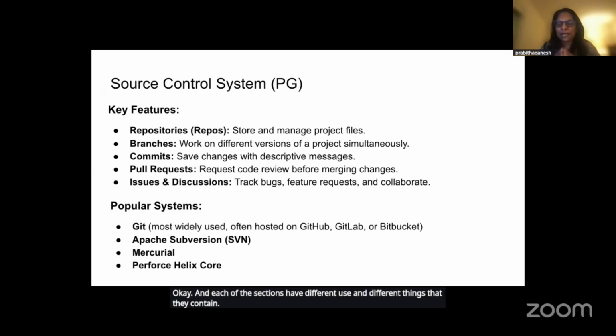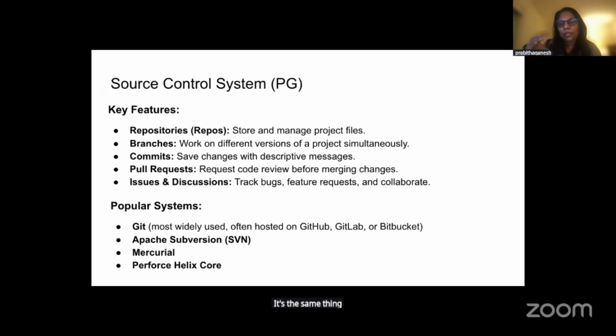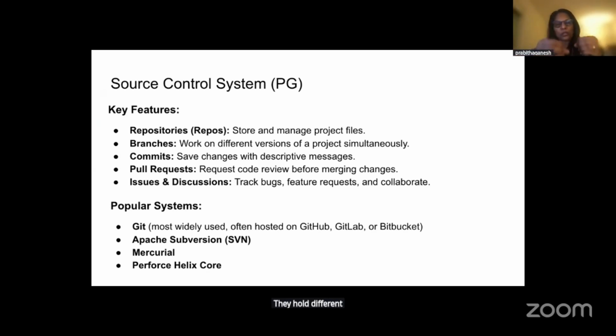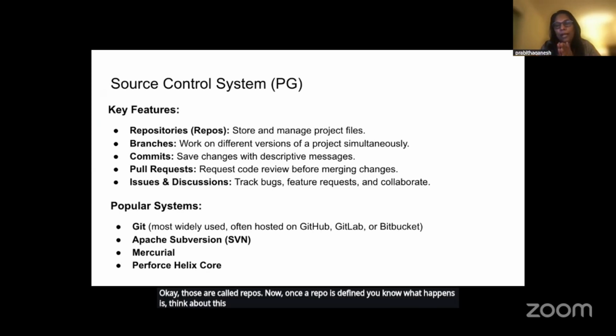You have a big backpack, but it has multiple sections, and each of the sections has different use and different things that they contain. It's the same thing. So repositories are nothing but different sections in your bag. They hold different types of projects or different types of functionalities. Those are called repos.